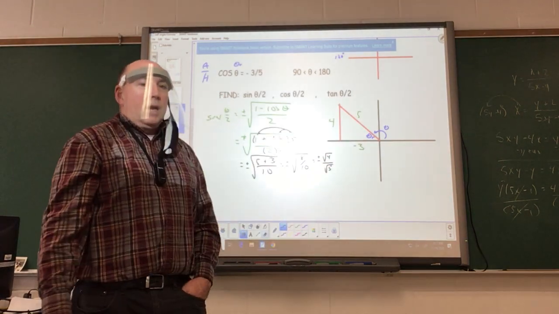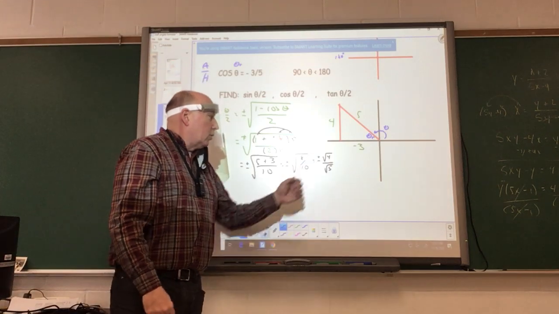Using our properties of radicals, which we should have learned in algebra, this is the square root of 4 over the square root of 5.